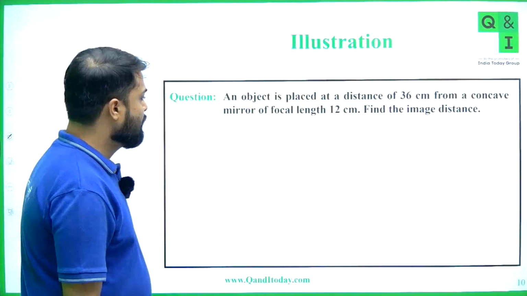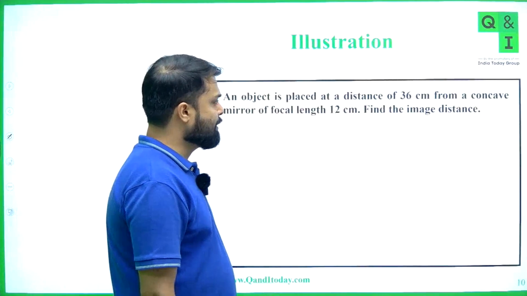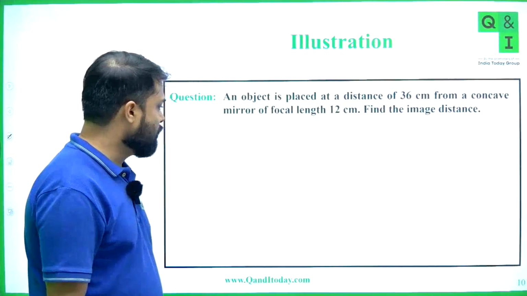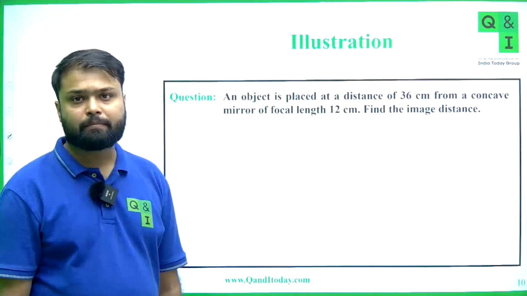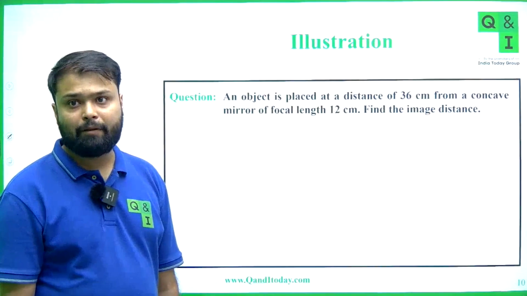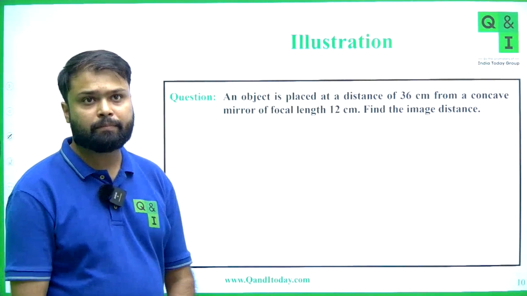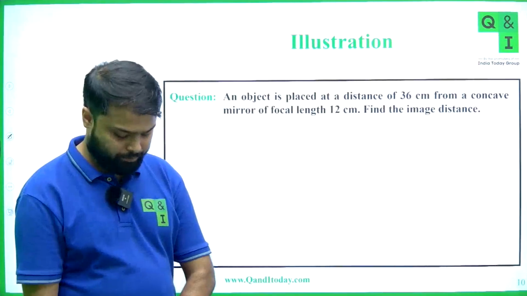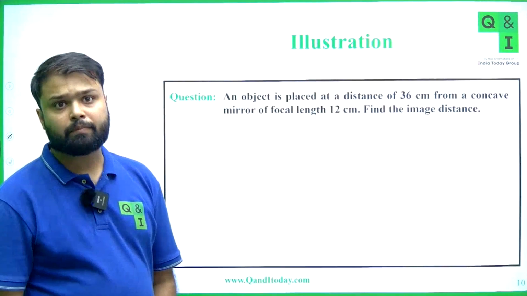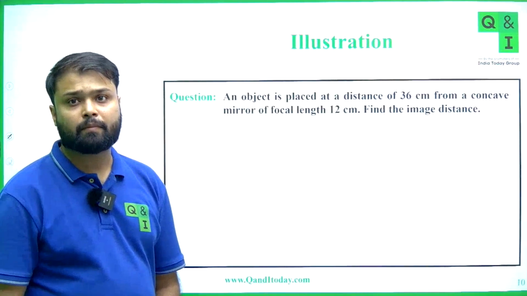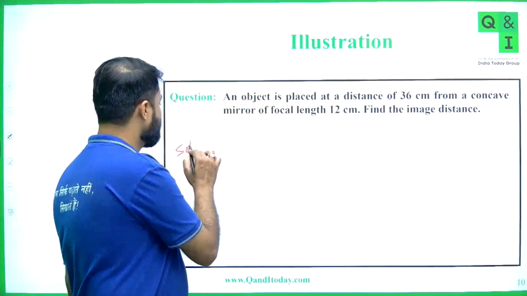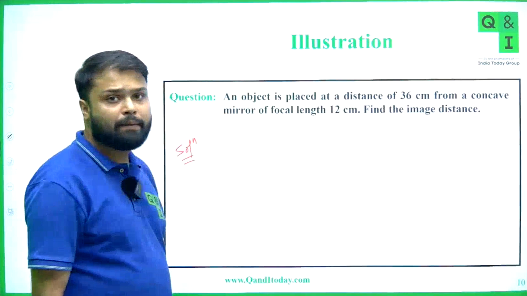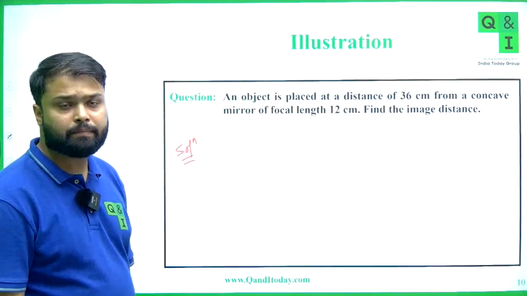Solve this. An object is placed at a distance of 36 centimeter from a concave mirror of focal length 12 centimeter. Find the image distance. Everyone, please solve this question.